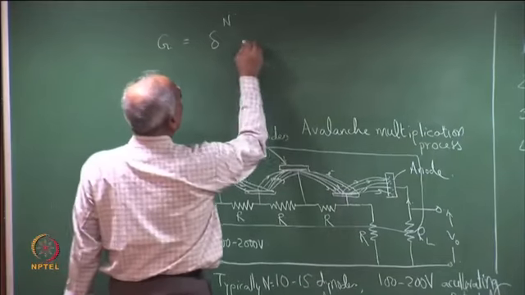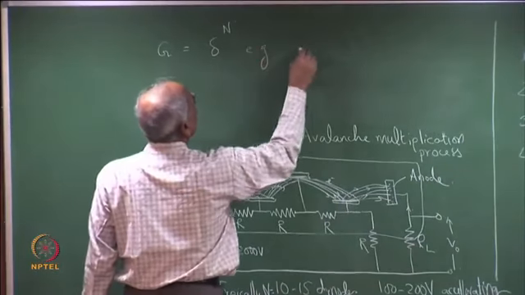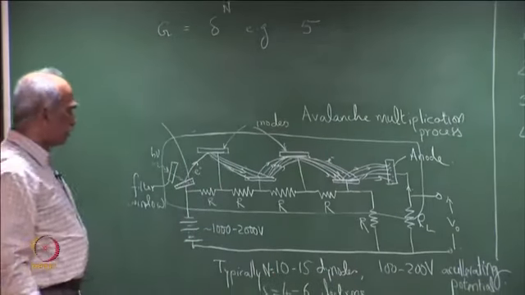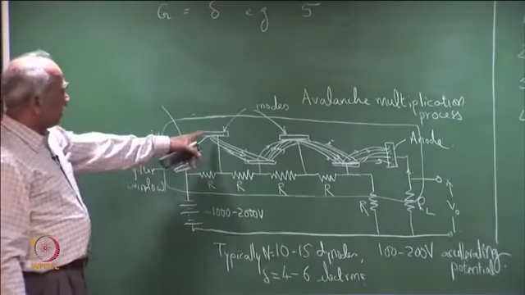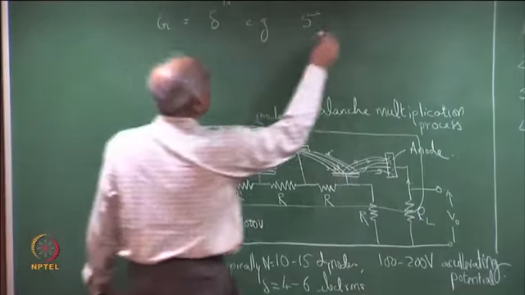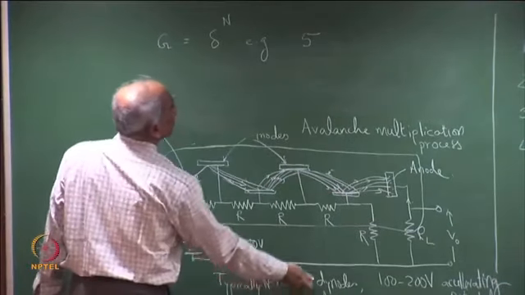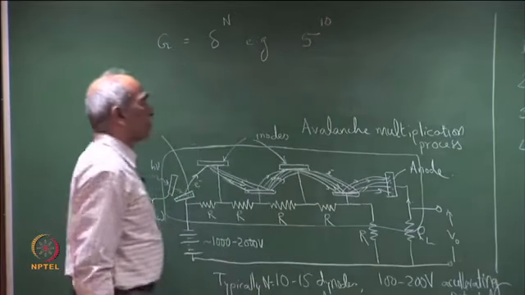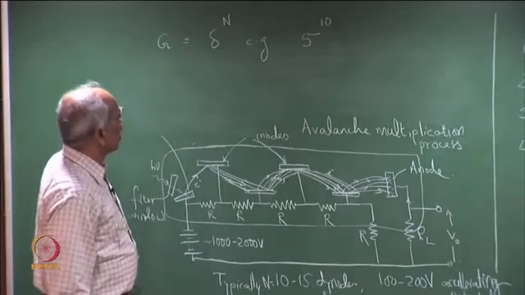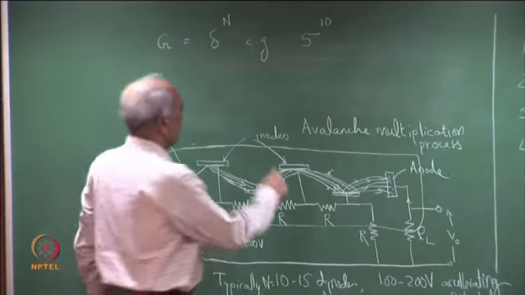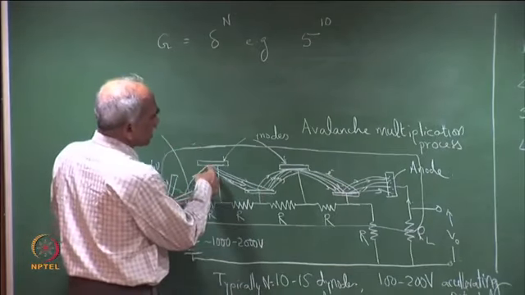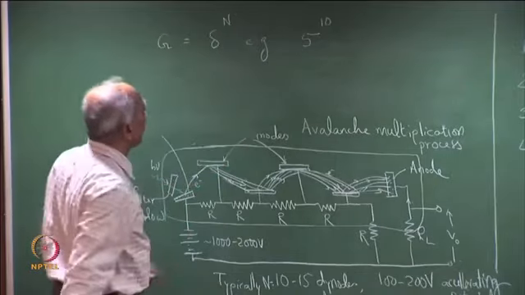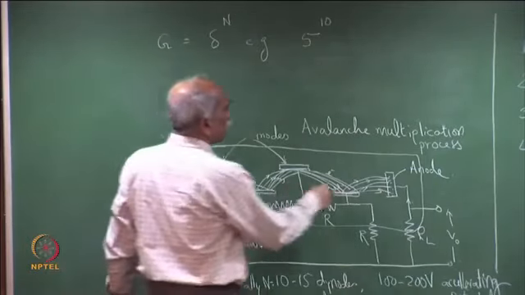So, if delta is equal to 5, and if it is 10 to 15 dynodes, let me assume n equal to 10. So, this is 5 to the power of 10 is the gain, because one releases 5 and each 5 releases 5. So, it is 5 to the power of n, the number of dynodes.